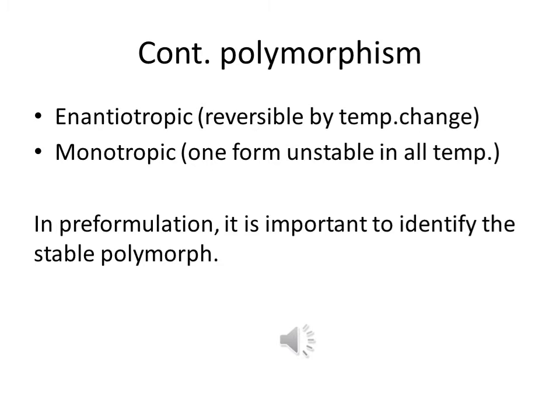At a specified pressure, usually 1 atmosphere, the temperature at which two polymorphs have identical free energies is the transition temperature.